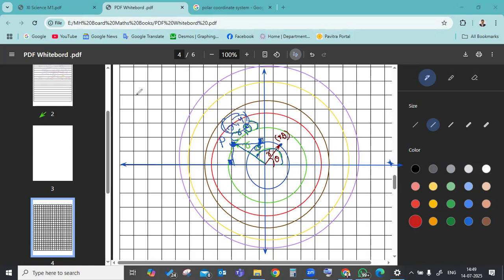So there is a relation between x, y and r, theta. Always there is such a relation where x is r cos theta, y is r sin theta.